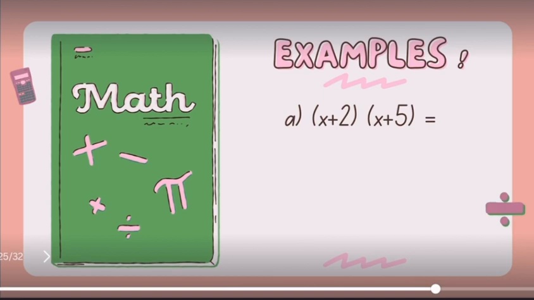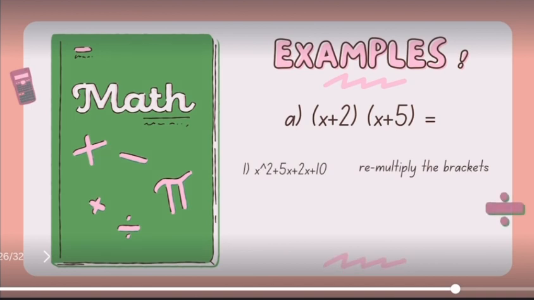Okay, I guess we have some ideas. So firstly, we're going to multiply the brackets. As I mentioned before, we're going to open them and we get x squared plus 5x plus 2x plus 10.